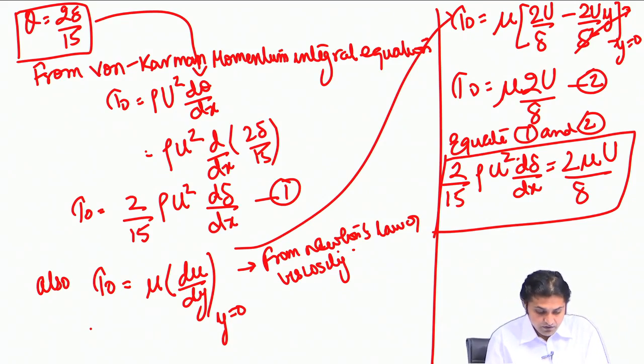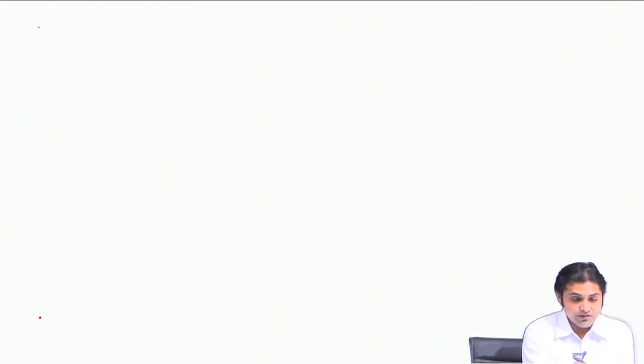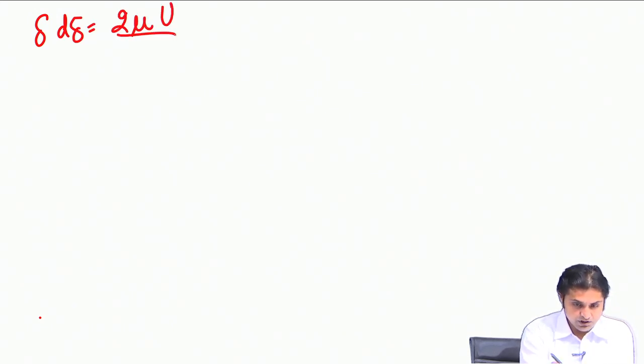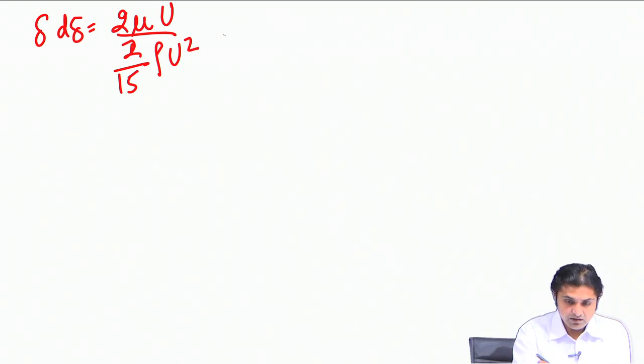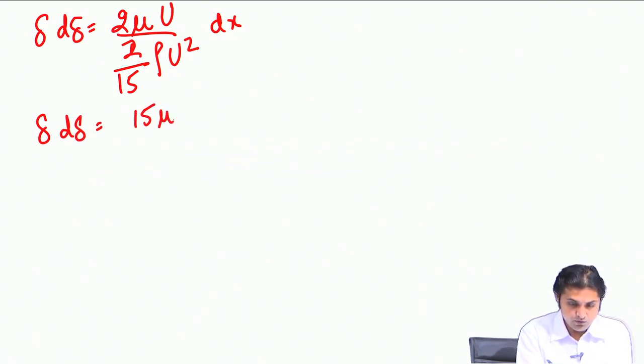We will do this integration on the next page. So this integration will go like delta d delta is equal to 2 mu U, you just rearrange the terms, divided by 2 by 15 rho capital U square dx. So we can cancel this, one U will get cancelled.